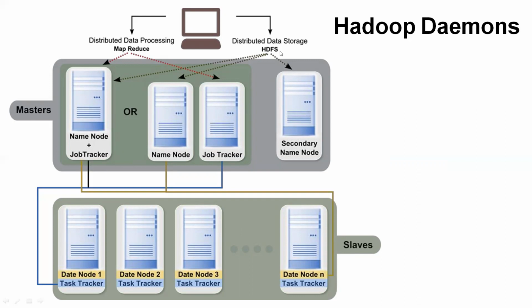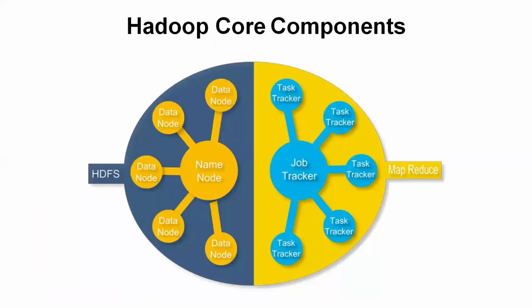In the distributed file system, the metadata information is available with the name node, and based on the name node's instruction, the data node stores the data. So this is the simplest architecture related to master and slave. And you can see two different genres: one is HDFS and the other is MapReduce.